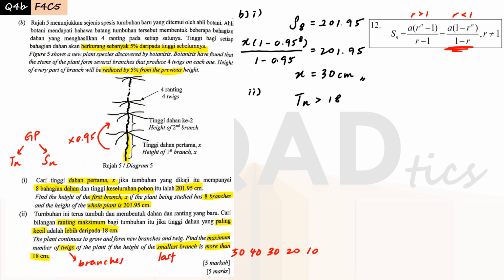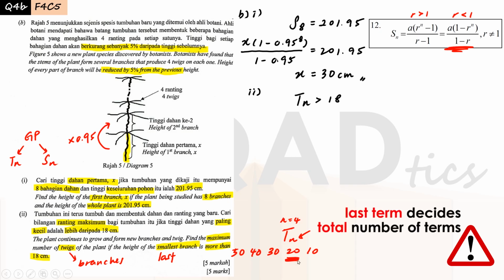If we apply this condition into this progression, the smallest term or the last term would be 20, and if we find the value of n from Tn, n is equal to 4. Why is this important? Because the last term helps us to decide the total number of terms in the progression. For example, 20 is the 4th term, so in total there are 4 terms.